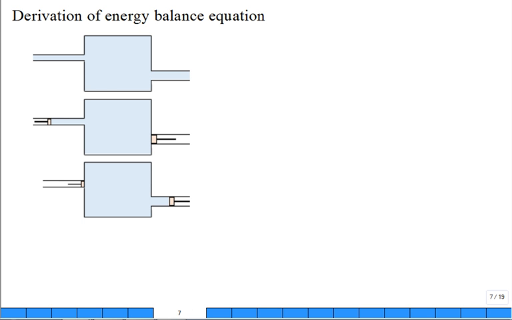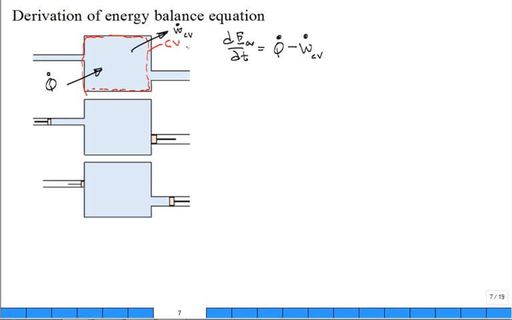Well, what we would say is we're going to focus on a region in space called a control volume, just like we had for the previous diagram. And we're going to say the rate of change of energy in the control volume with respect to time. It can go up or down. It can go up if I have heat transfer into the control volume. It can go down if I have a work transfer or a power out of the control volume.